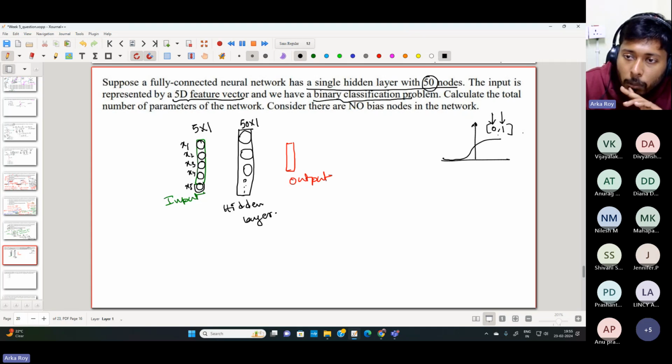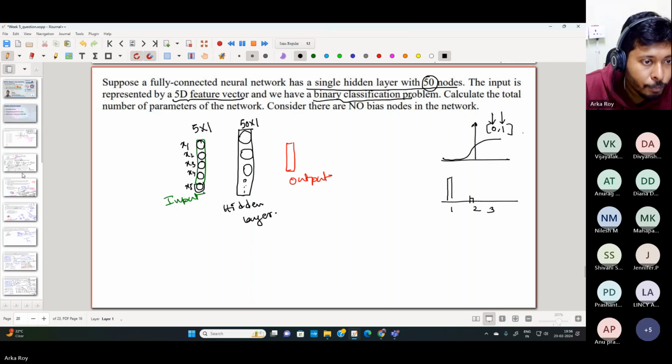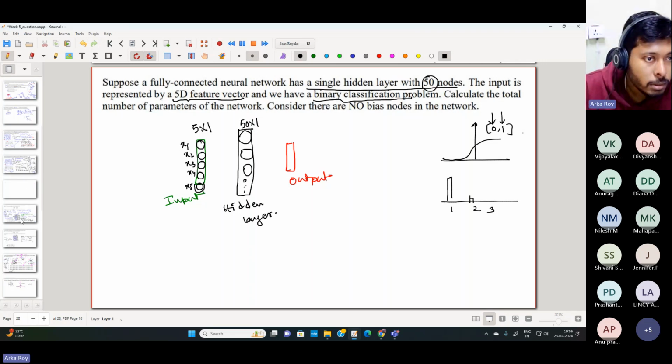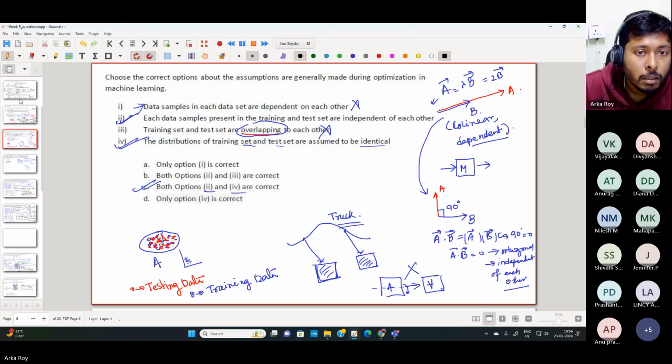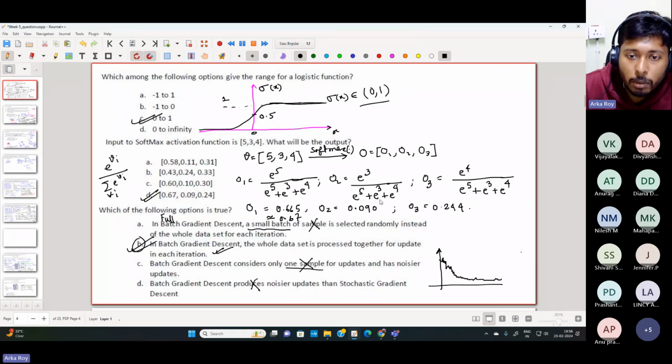And in case of multi-class classification, what sort of activation function do we use? Softmax. Because what softmax does, let's say you have three classes, 1, 2, 3, it gives you a probability distribution like this. What we have seen in the week 4 lecture, for example, you have a three class problem. So you can see that you get a probability distribution. This is very small because the value is 0.09.